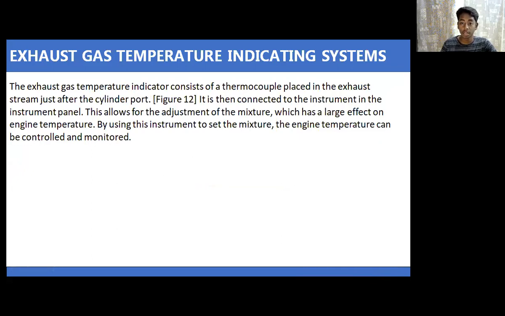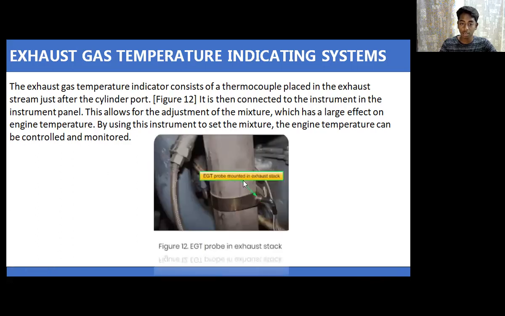Exhaust gas temperature indicating systems are the systems which indicate the temperature of the exhaust gas. The exhaust gas temperature indicator consists of a thermocouple placed in the exhaust stream just beside the cylinder port, like here.